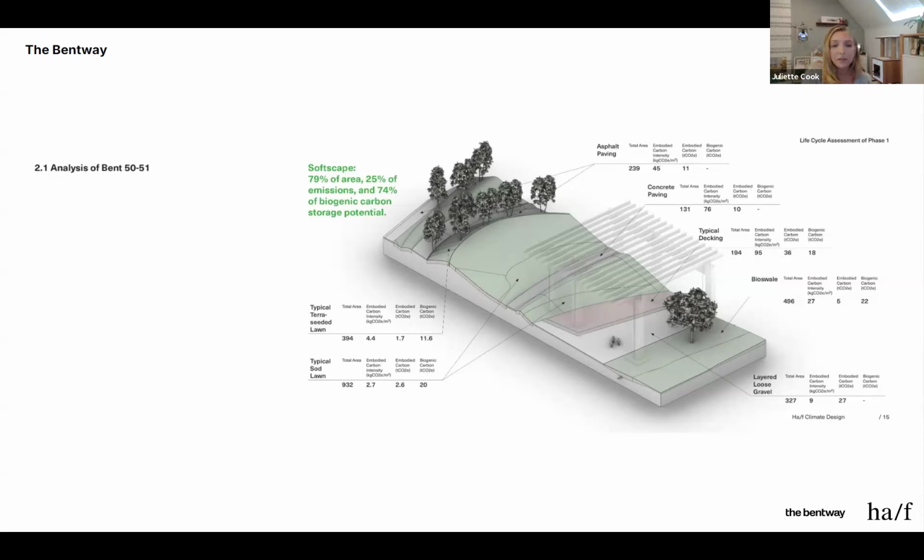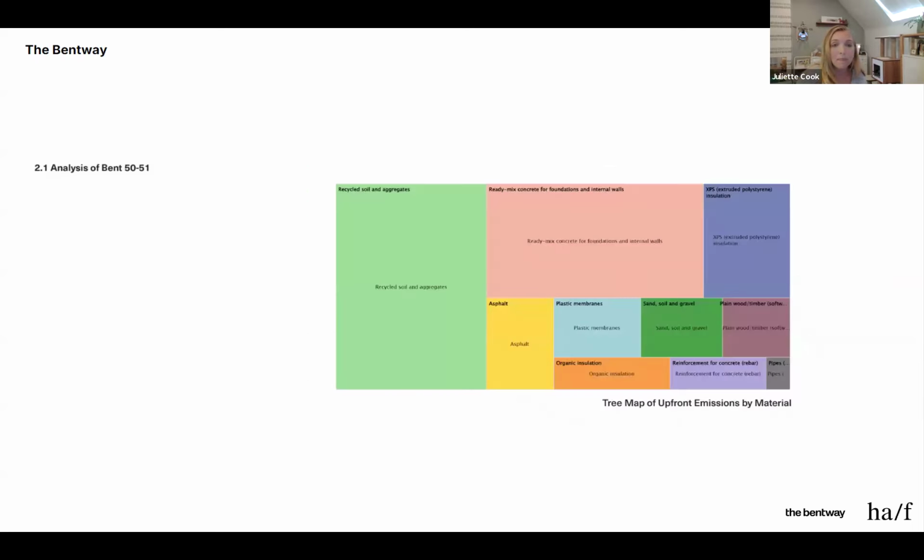And so in bent 50 to 51, which is illustrated here, the section's area is dominated by softscape in the form of lawn, seeded hillsides, tree plantings, and a bioswale, where of those softscapes, the clean fill had the highest upfront emissions in these areas, but these soils also represent the majority of sequestration potential. And this is not even taking into account any other benefits from the softscapes to water management or ecosystem services.